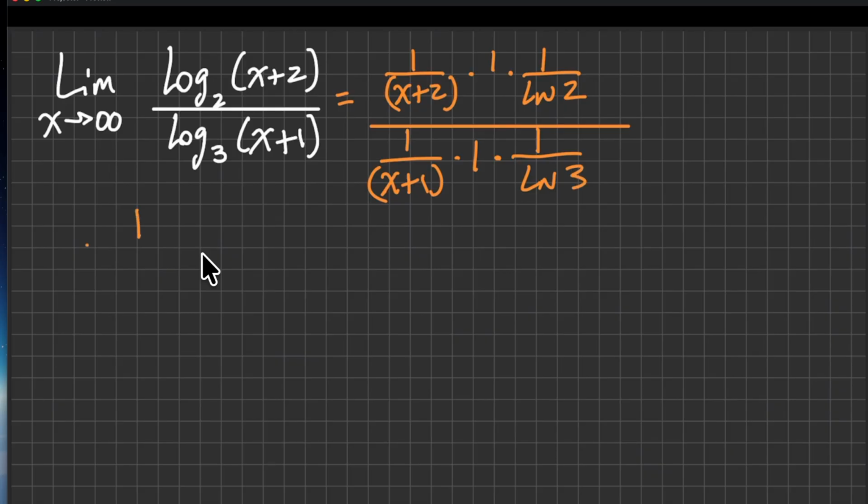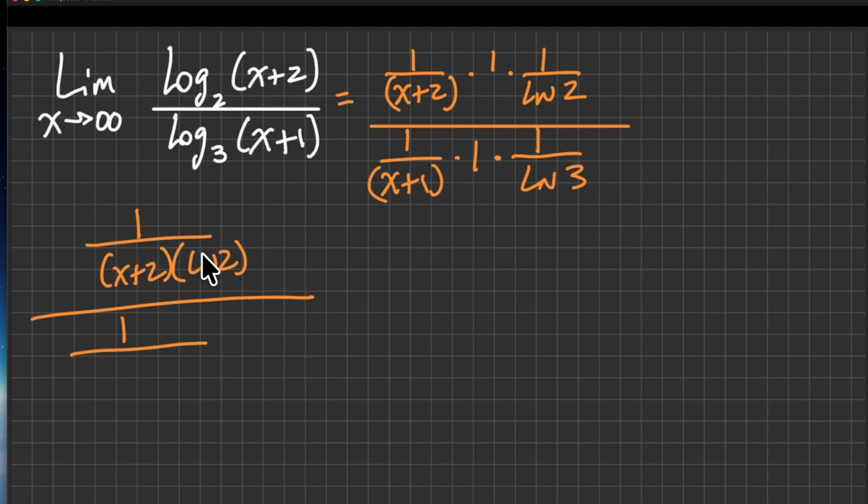So therefore on the top we're going to have 1 over x plus 2 times ln of 2 over 1 over x plus 1 times ln of 3.